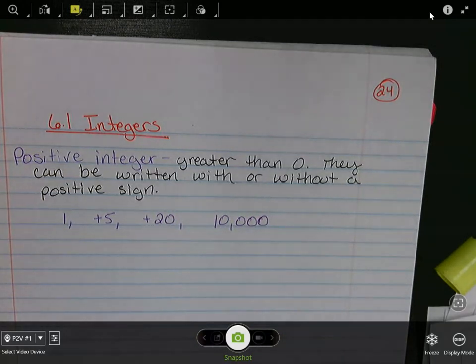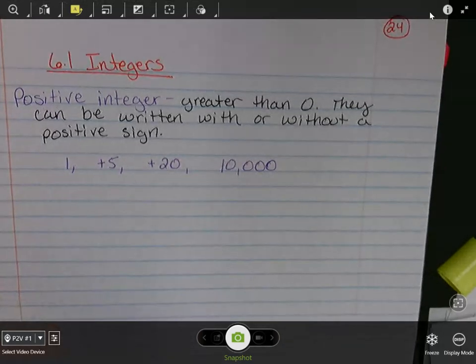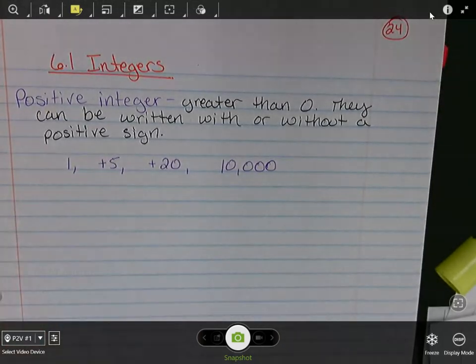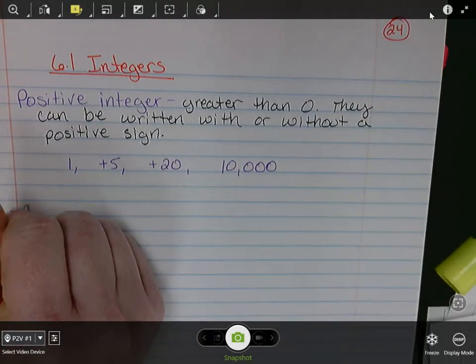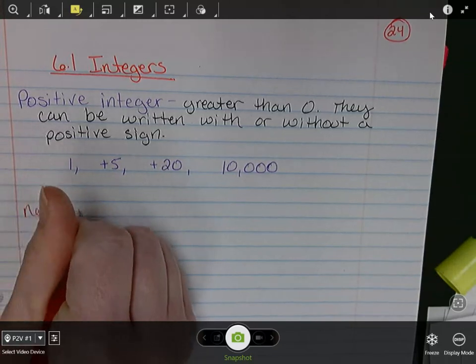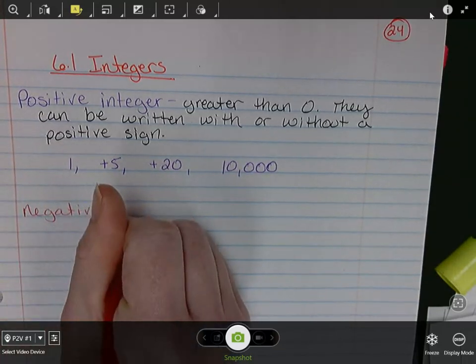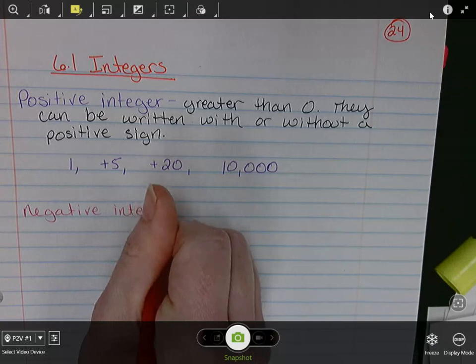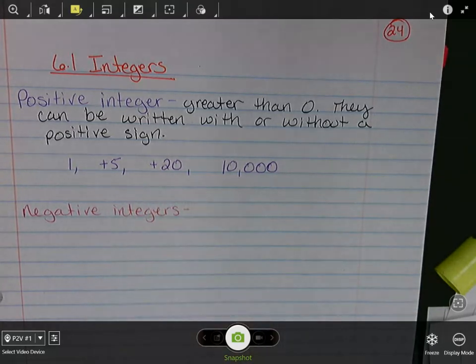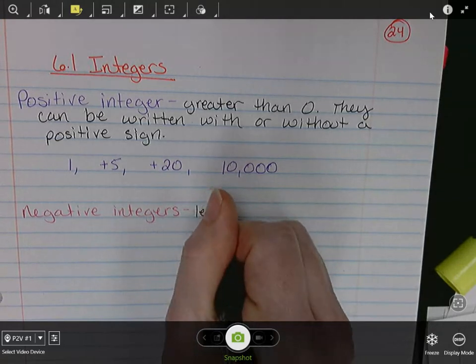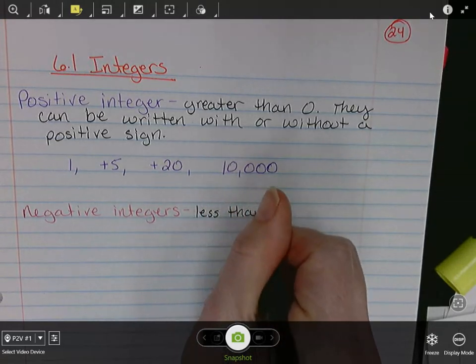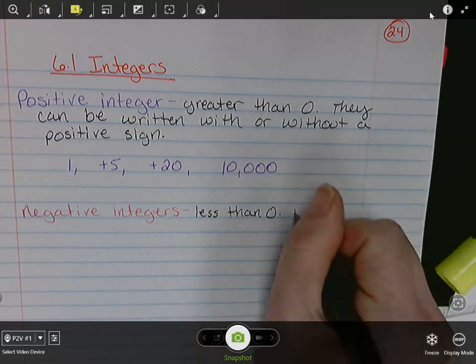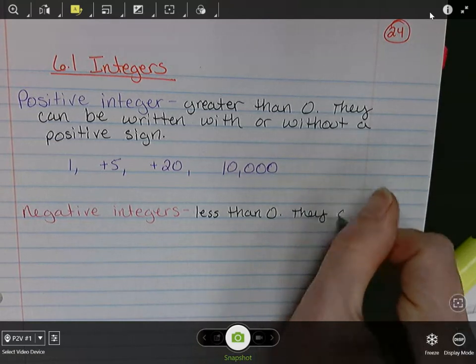Okay, something else, a negative integer are less than 0. And they are written with a negative sign.